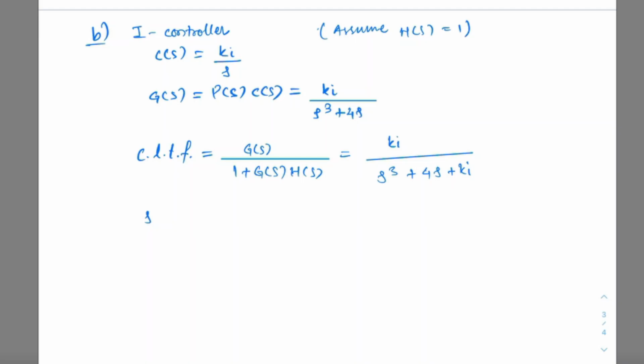This implies Kd greater than 0 and Kp greater than minus 4.